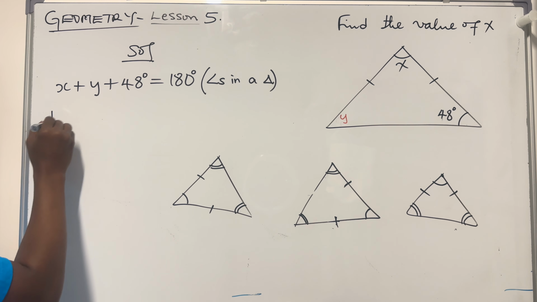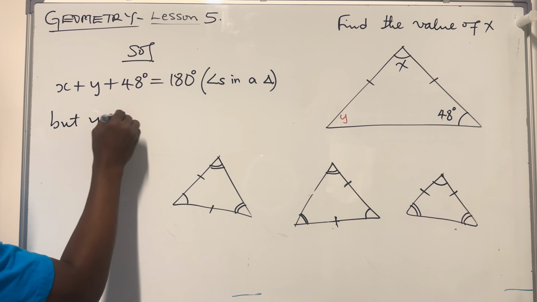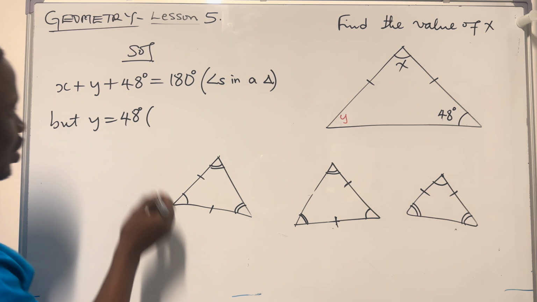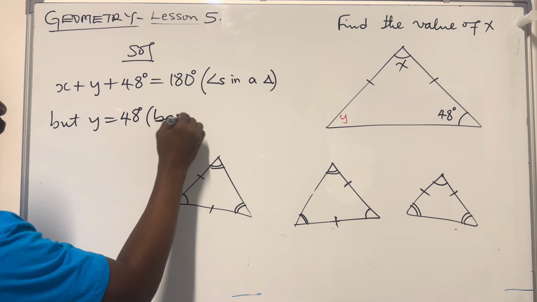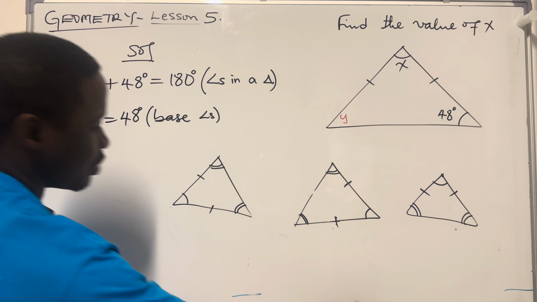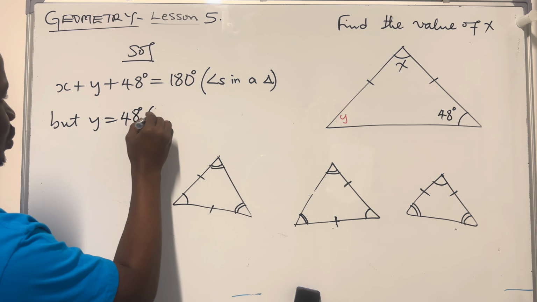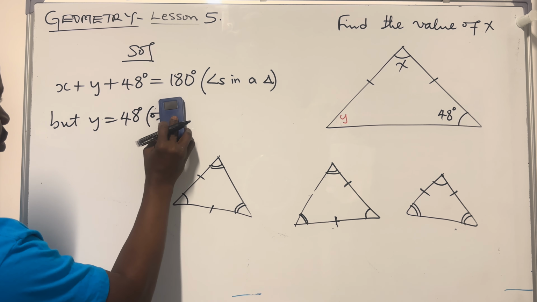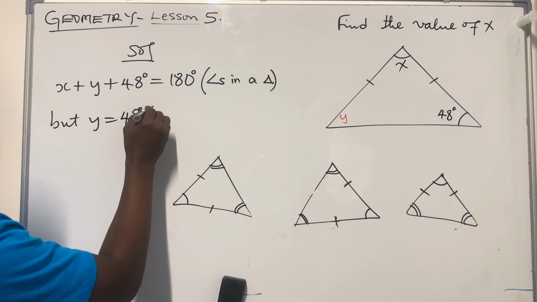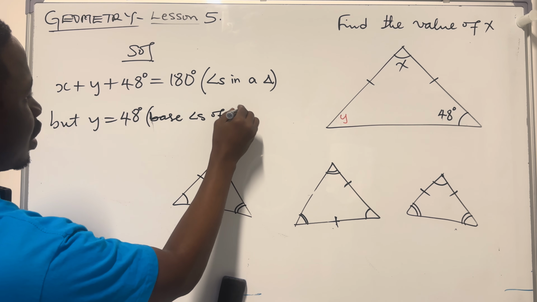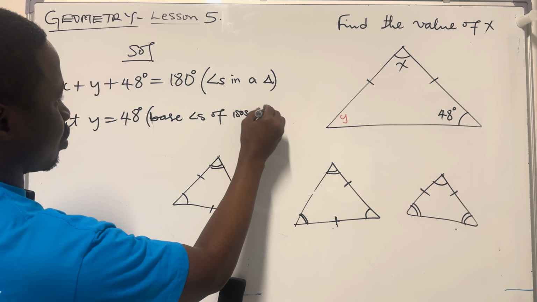Why is y equal to 48? Because they are the base angles. Or simply say: base angles of isosceles triangle.